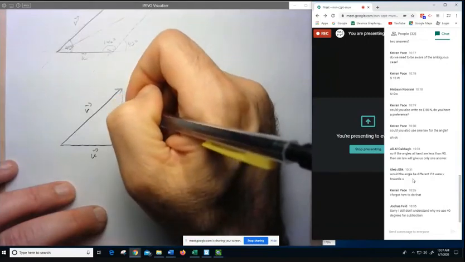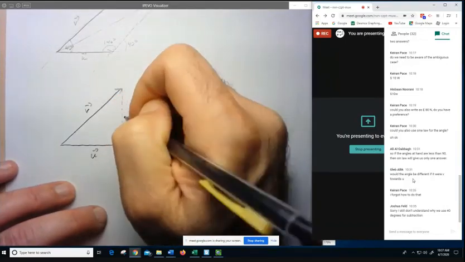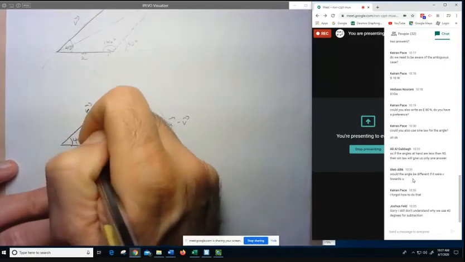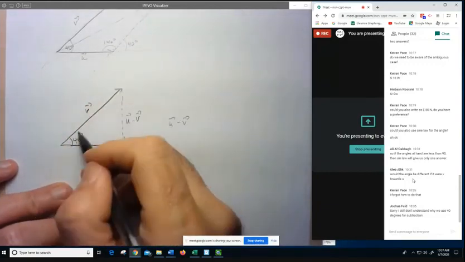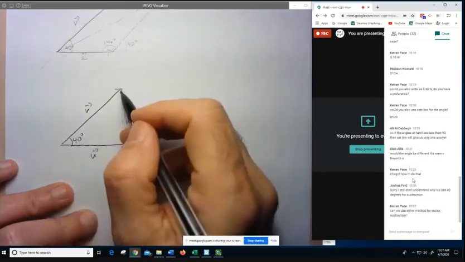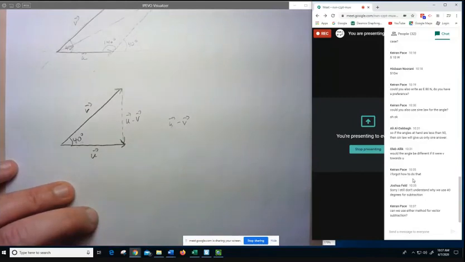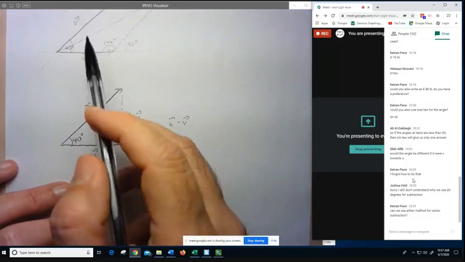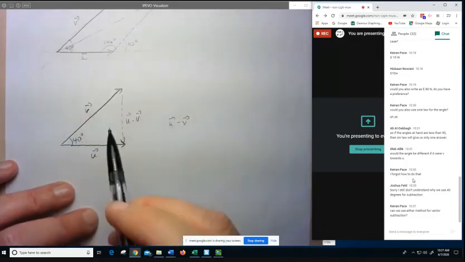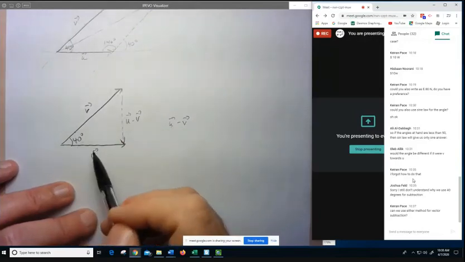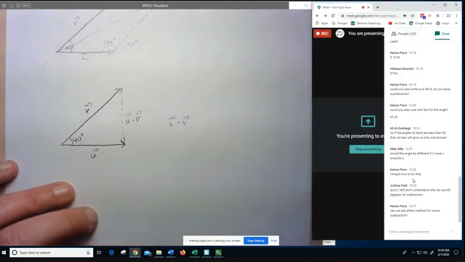So this vector here would be U minus V. But now I see that the triangle that I formed with U, V, and U minus V contains the angle 40 degrees. So we didn't have to make any kind of change like we had to do with addition, because that angle of 40 is already inside the triangle that's produced by U, V, and U minus V. Does that make sense, Josh?